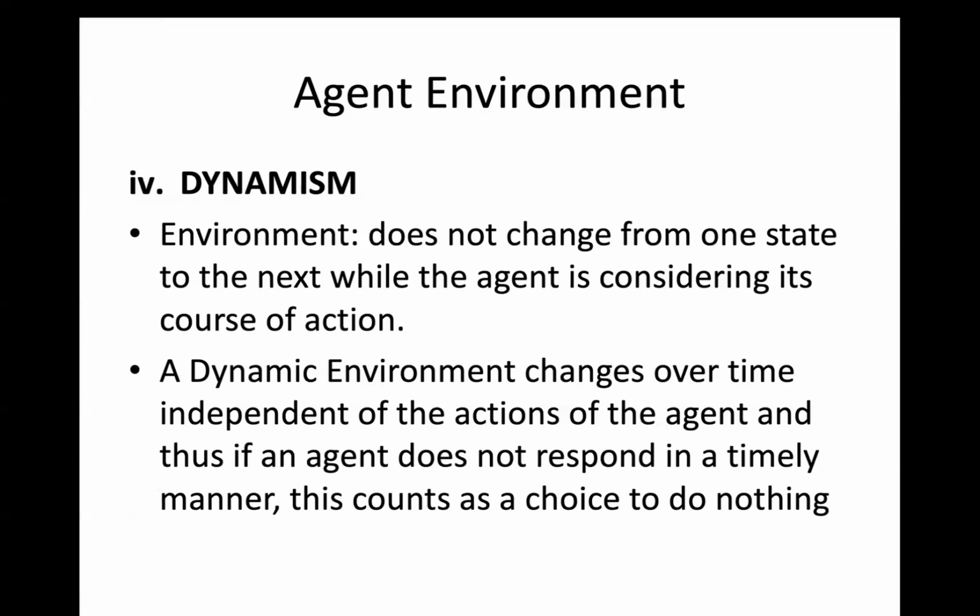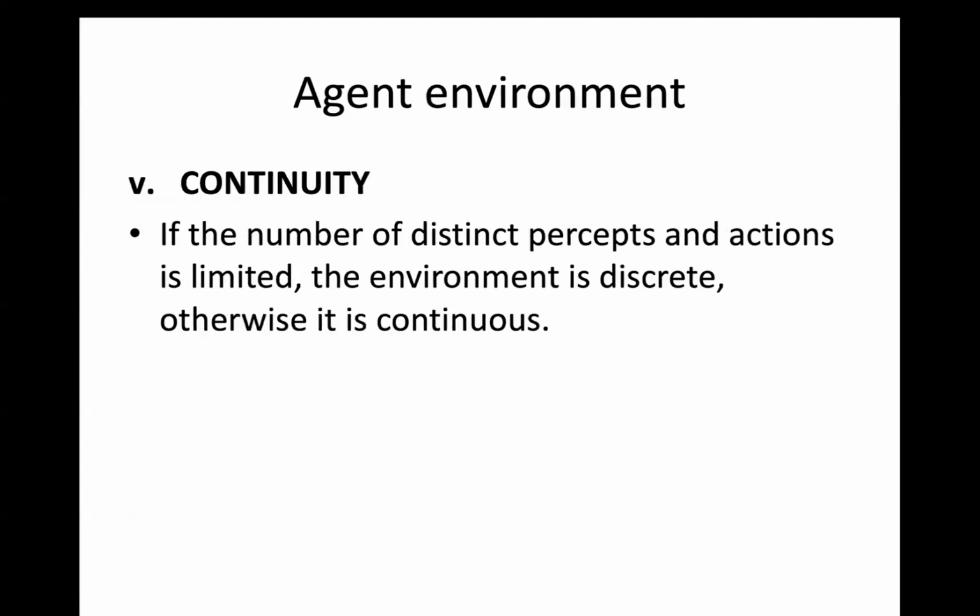So as it is moving, there's a cyclist who is also riding their bicycle. There are vehicles coming from the opposite direction. There are other vehicles also moving in the same direction. So the environment is constantly changing, and these changes are not a result of the actions of the agent. No, they are independent. So that's a dynamic environment.